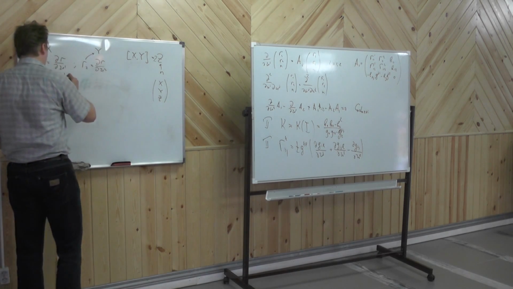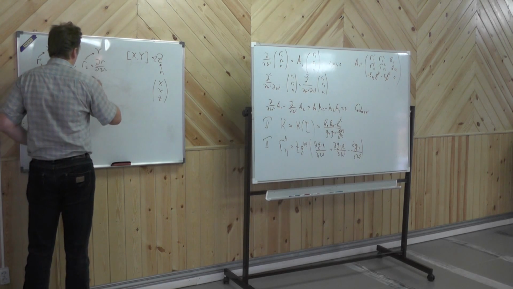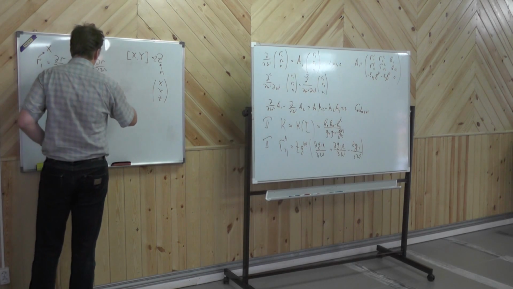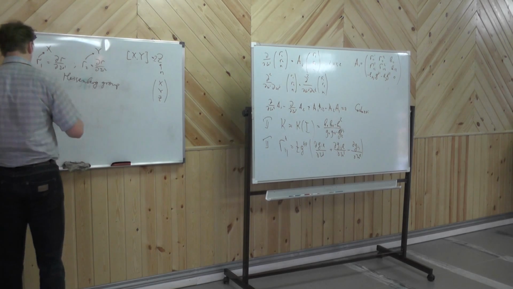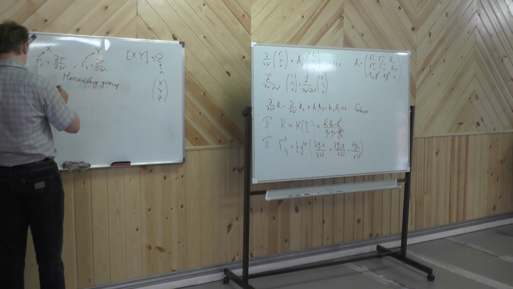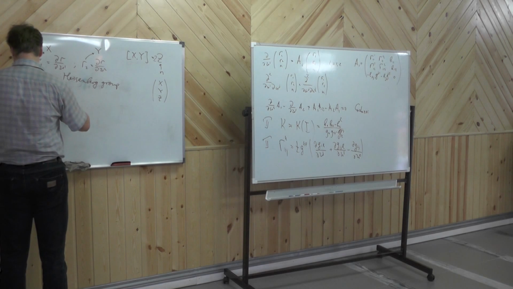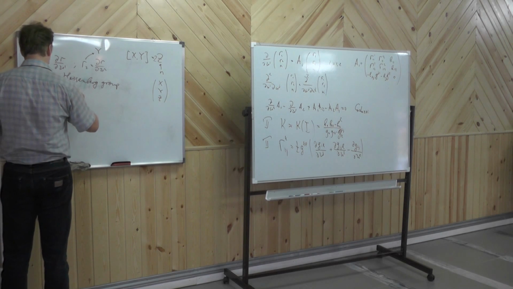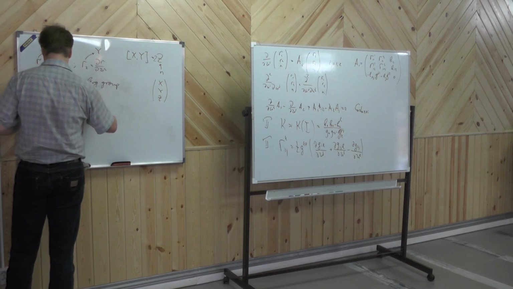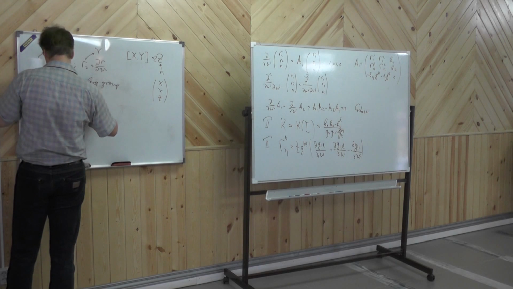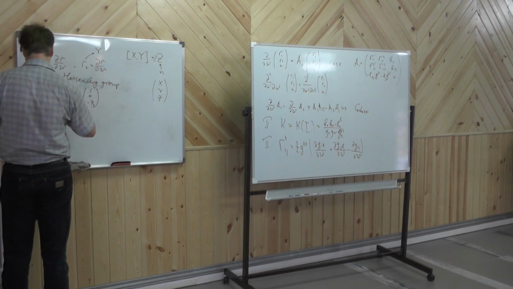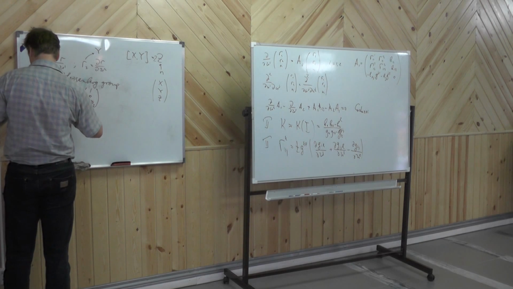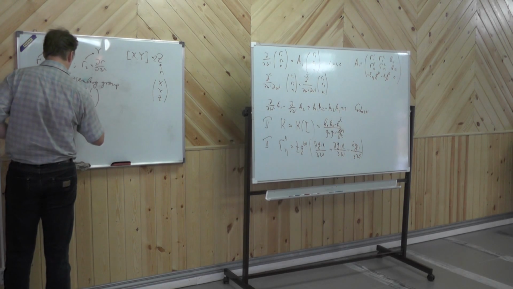Okay, for the Heisenberg group it is very easy. X is dx minus y dz. Y is dy plus x dz.